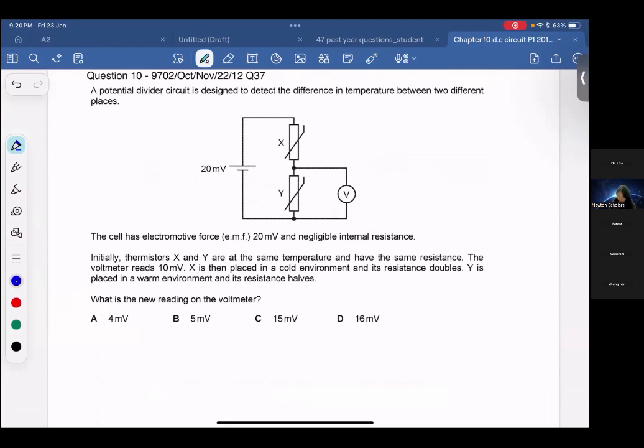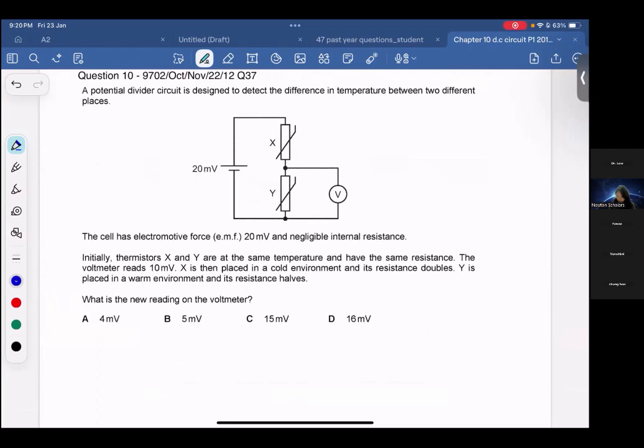Okay, the question said that the total EMF is 20 millivolt. Then thermistors X and Y at the same temperature have the same resistance, starting the same. Of course the resistance is the same, so it will share equally 10 millivolt, right?